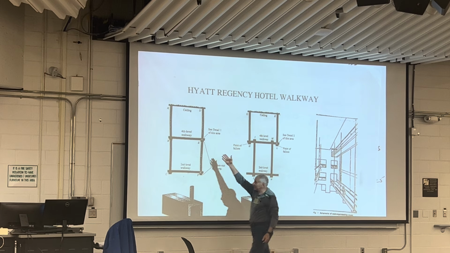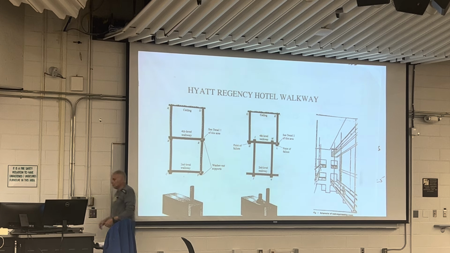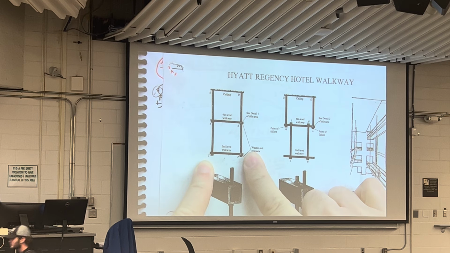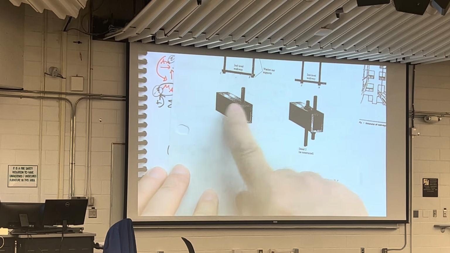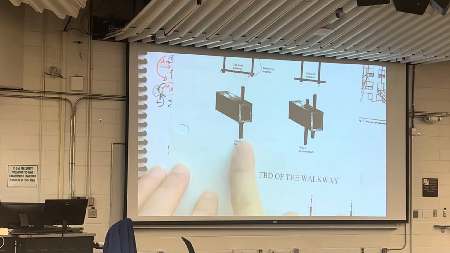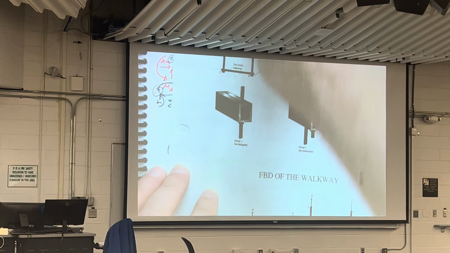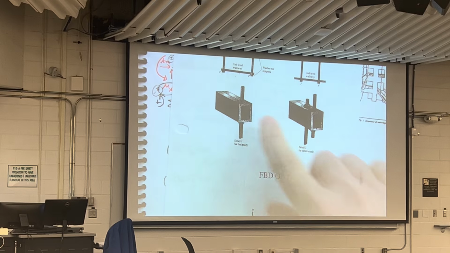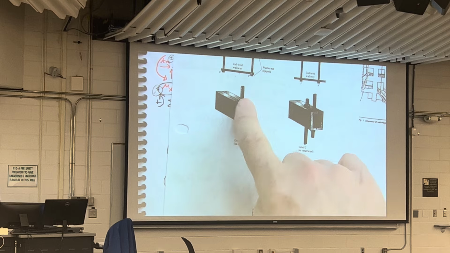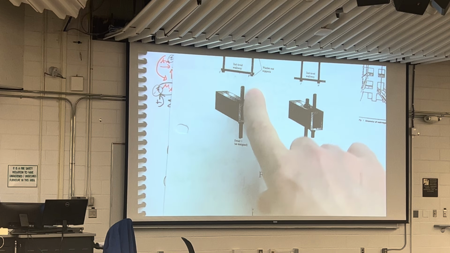So it looks like this. Now, it was literally designed this way, with two C channels and the rod that goes to the ceiling to carry the load, bolted down with bolts. That's the way it was designed.